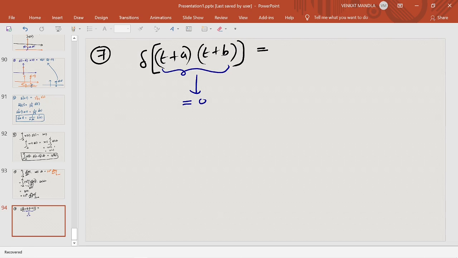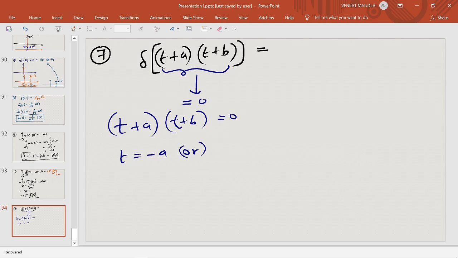So I put the argument (t+a)(t+b) equal to 0. If you substitute t equal to minus a, you get 0, and if you substitute t equal to minus b, you also get 0. In both cases the argument is 0, so the delta function exists.